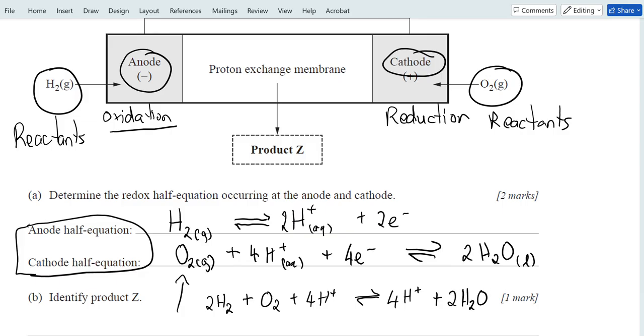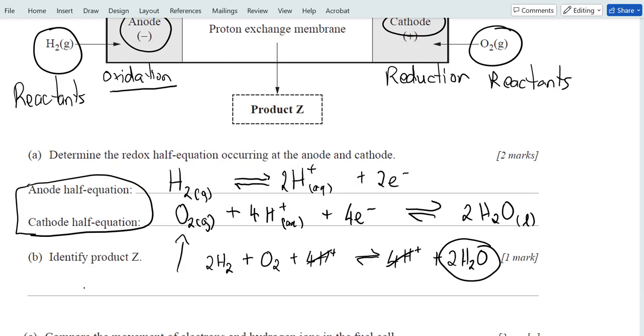I've cancelled out my electrons. What am I left with? I'm left with water. With all these hydrogen fuel cells, that's what you're producing. That's always the product, water.